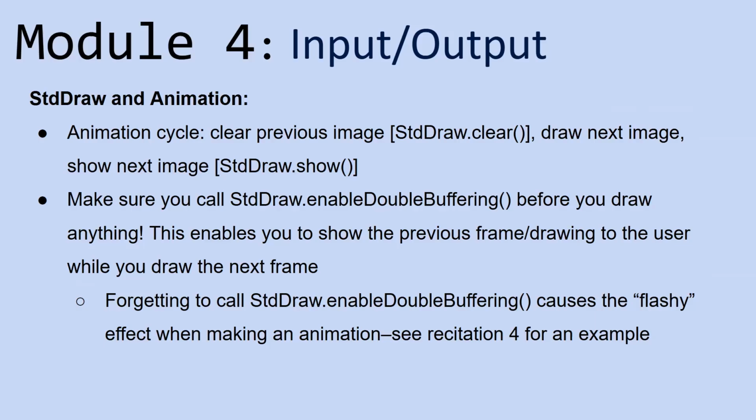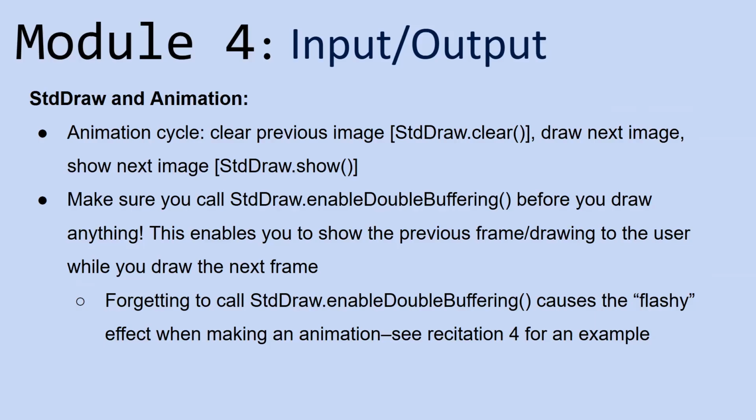And then you just show the next image by calling StdDraw.show. That'll display to the viewer the thing you just drew. That's just the basics of how the animation cycle works. And if you want an in-depth example, go ahead and look at the module 4 recitation. And then also make sure that you call StdDraw.enableDoubleBuffering before you draw anything.